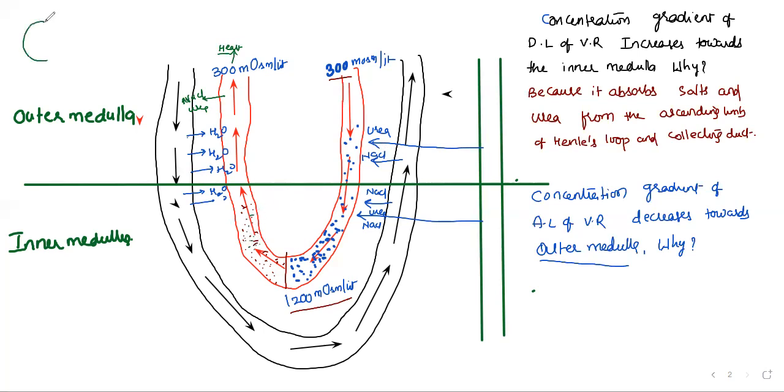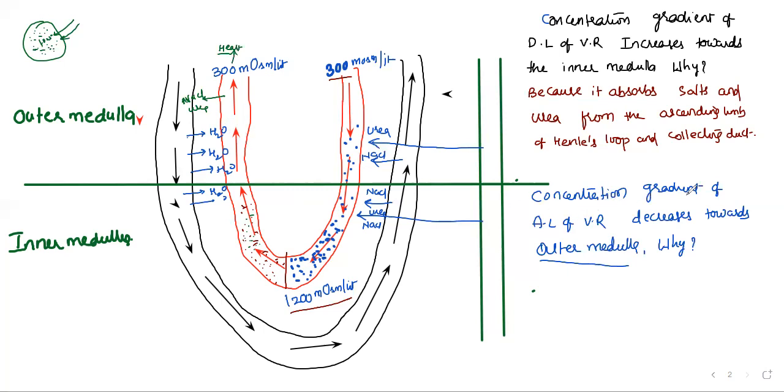If high concentration is there, that means a low amount of water, so it can attract water. Maintaining the high osmolarity gradient at this end is helpful to attract more water at this end.